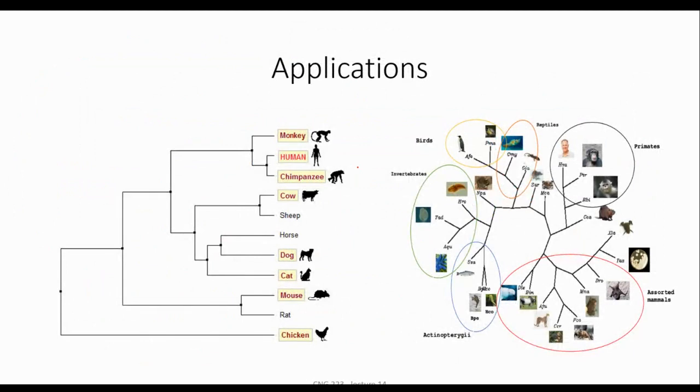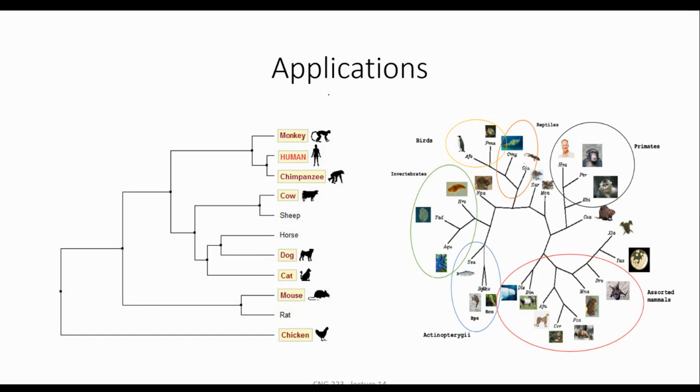So there are so many applications, as I said at the beginning of the lecture, but I chose these two because some of you already took bioinformatics from me, so you already know that trees could be very useful, for example in bioinformatics, like this one that we call a phylogenetic tree.